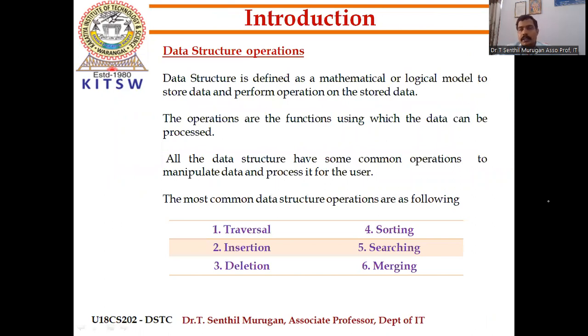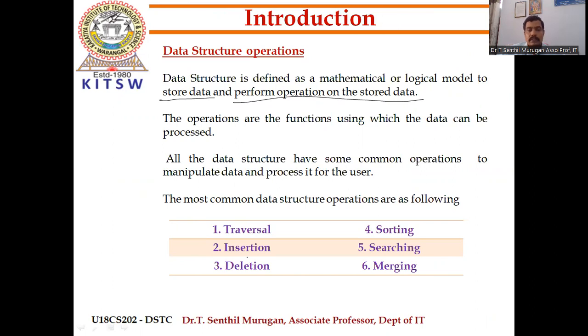So, data structure operations. The data structure is defined as a mathematical or logical model to store the data. That is important: how it is storing the data and performing operations on the stored data.